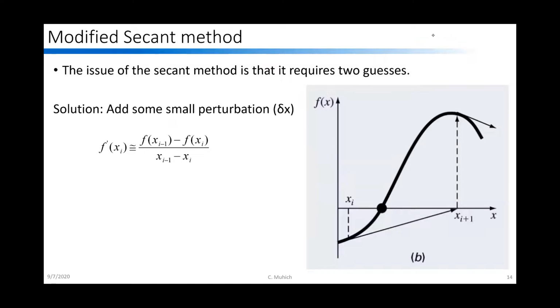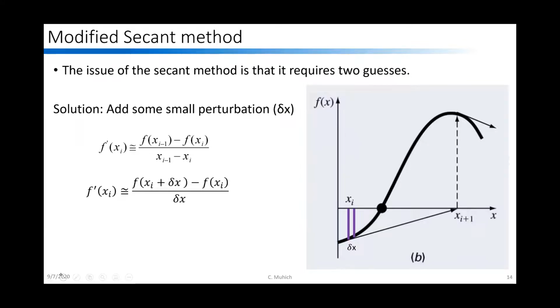We're going to keep the same idea of using that tangent, but instead of calculating this next xi, we're going to take our guess, so maybe this first purple line, and then add some small perturbation, delta x. So the distance between the two purple lines is going to be delta x.